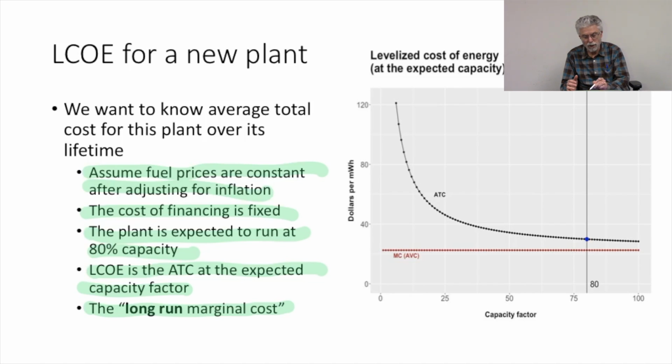I have my average total cost curve, which is my fixed monthly payment plus what I think it's going to take me to buy fuel to run that power plant. So my average total cost is the sum of those 2 things, but it's going to depend on how much I run the plant, because my average total costs are falling quite fast as I increase my capacity factor.